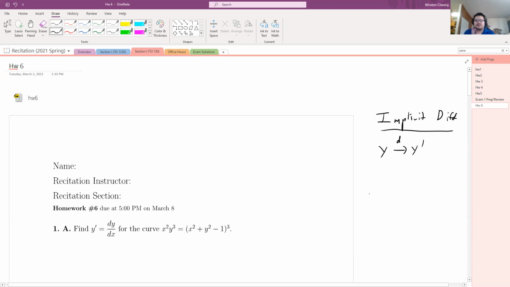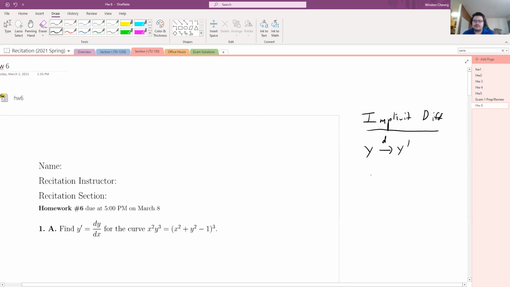Now, y prime is sort of just a symbol, but you can expand that out, and it would be with respect to whatever derivative you're actually taking. So maybe if I were to write this in a slightly different way, you're taking the derivative of y, and then all you get is this thing. It's like you've done nothing to it.